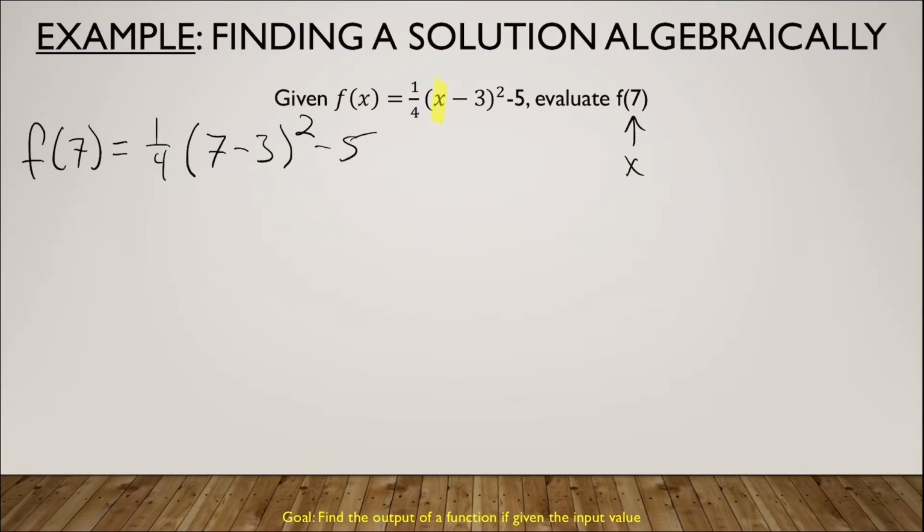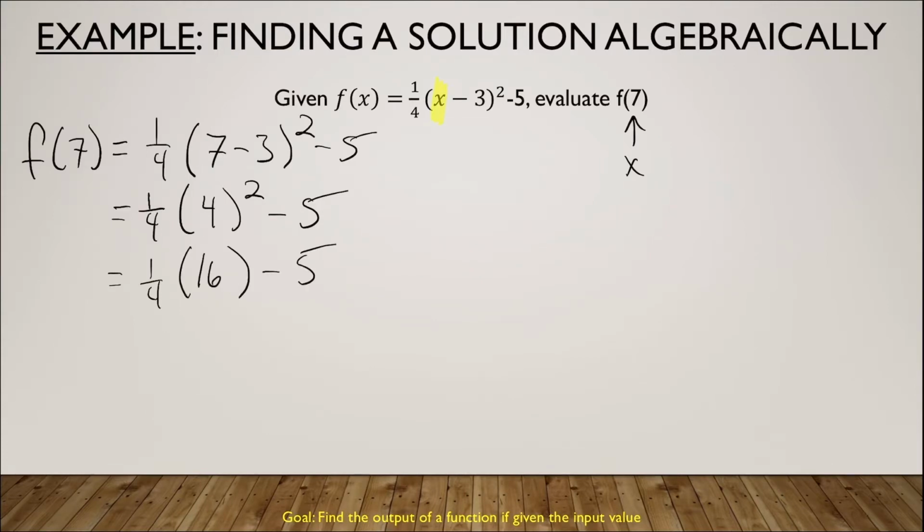Now this is just a calculator problem, or if you'd like to do this by hand, you totally can. Just remember your order of operations. So we do what's inside the parentheses first. 7 minus 3 is 4 squared minus 5. Then I do my exponents. So 4 squared is 16, 1/4 times 16 minus 5.